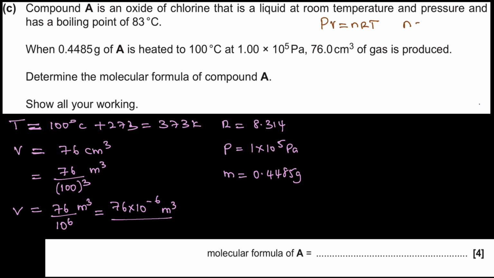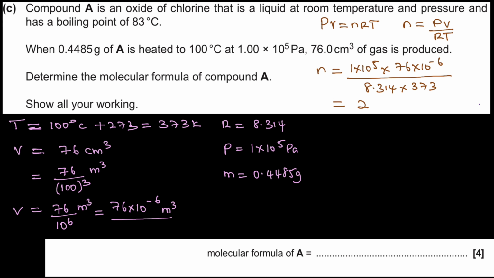Therefore, n, the mole, is PV over RT. n equals 1 times 10 to the power 5 times 76 times 10 to the power minus 6 divided by 8.314 times 373, and that gives us a value of 2.45 times 10 to the power minus 3 mole.